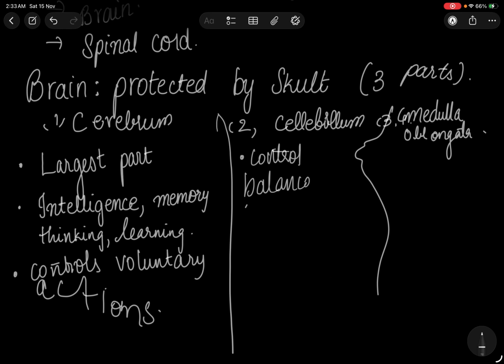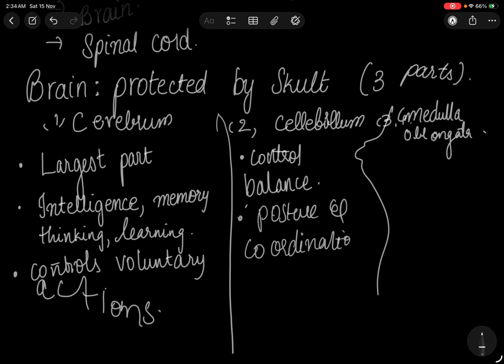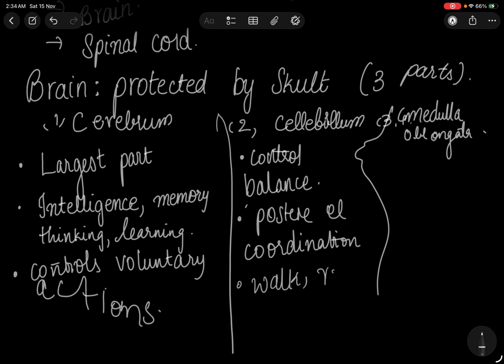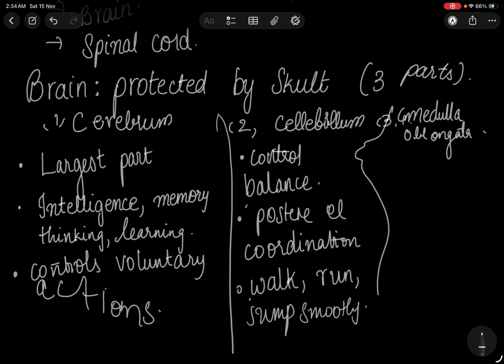And whereas when it comes to the cerebellum, it controls balance, and also it controls posture and coordination. It helps us to walk, run, and jump smoothly. Okay.